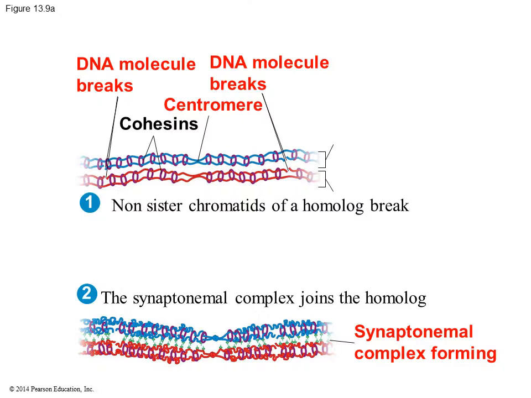So number 1, non-sister chromatids of a homolog will break. Look at the image and you'll see the red line has broken for one chromatid, and the blue line has broken for one chromatid. Number 2, the synaptonemal complex joins the homologue.